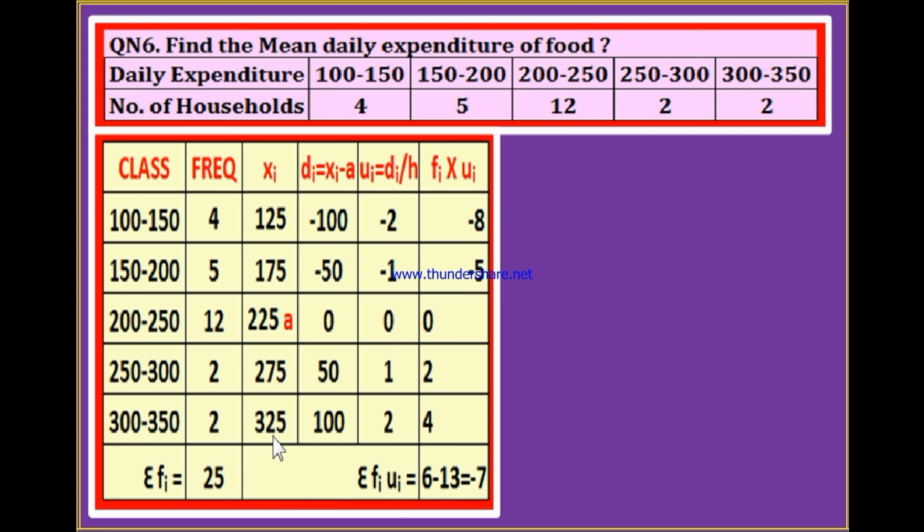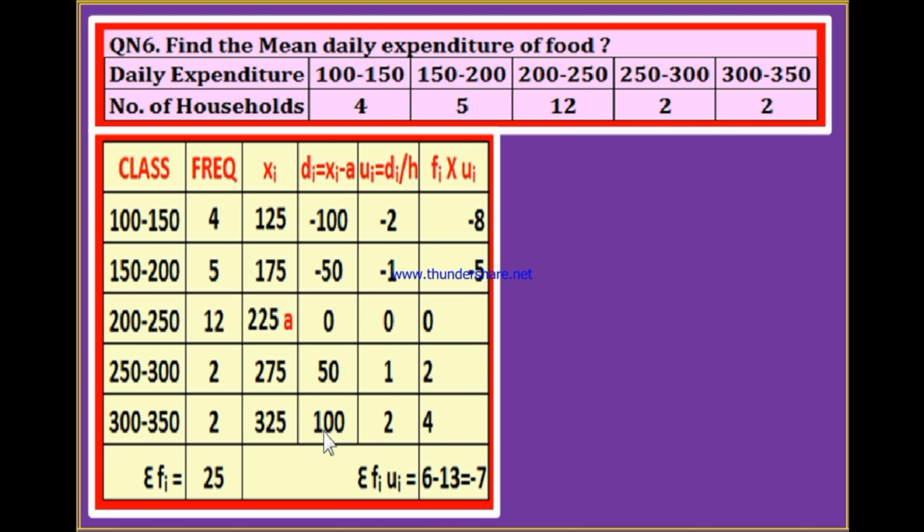And for this class, 325 minus 225 is 100. And if you go up, 175 is the mid value and a is 225. 175 minus 225 is minus 50. And for this class, 125 minus 225 is minus 100.